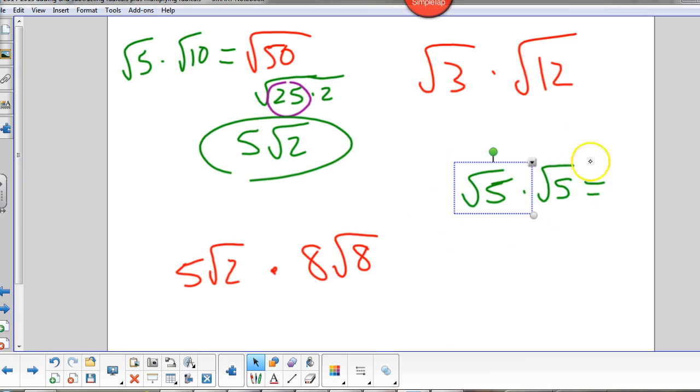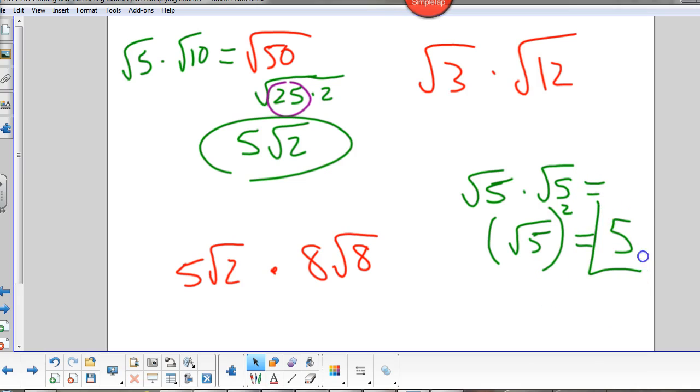But a lot of us are going to say, that's like the square root of 5 squared, and the squared and the square root cancel each other out. So this is just the number 5. You can make it root 25 and then simplify it, but you can shortcut and jump it. Anytime you have two like radicals that you're multiplying together, it becomes a whole number version.